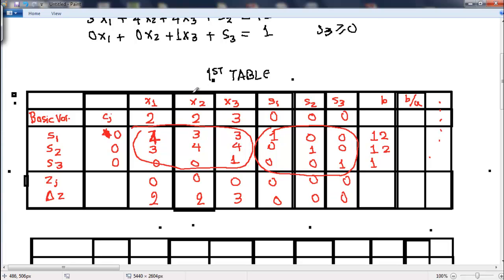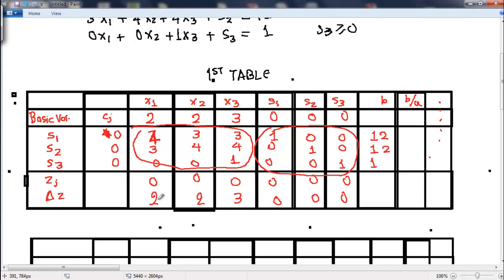the idea behind the simplex algorithm is that for the last row I must not have positive elements, because if I have positive elements, then I can substitute some basic variable by some other variable such that the value of the objective function can be better, so I can have more value in the objective function.